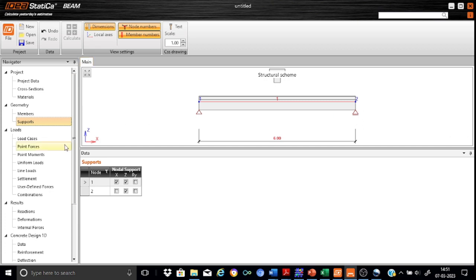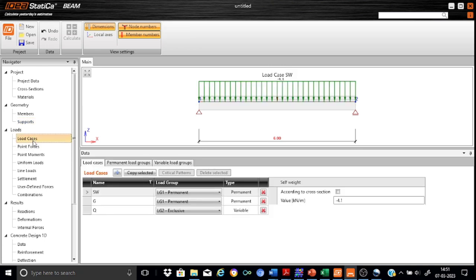So now coming to the loads, that is very important for us. As you can see here, we have SW self-weight, the permanent load G, and the variable load Q. Now as already explained earlier, the value of the self-weight is already included in the G. So accordingly what we can do is just delete this SW. Okay, so you can just remove it from this load group.